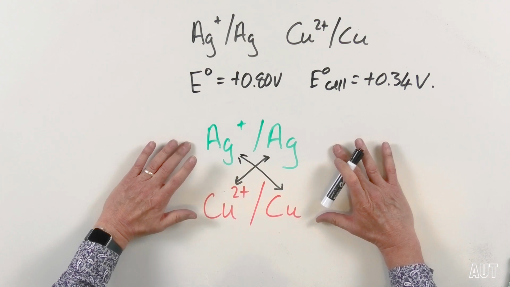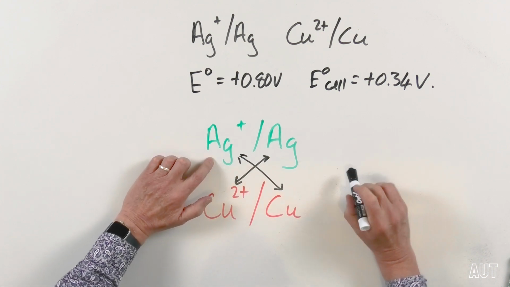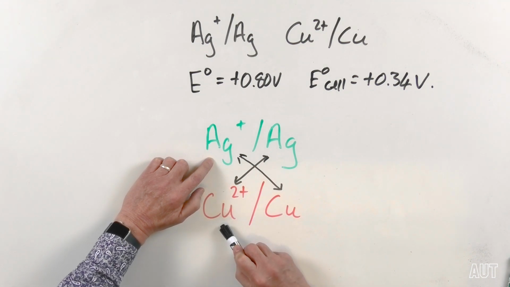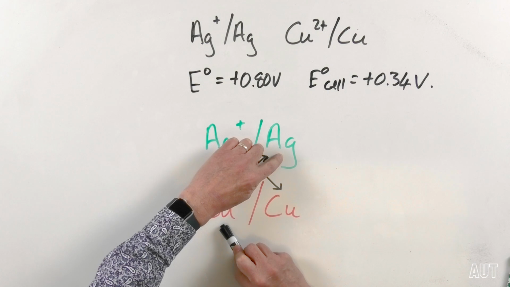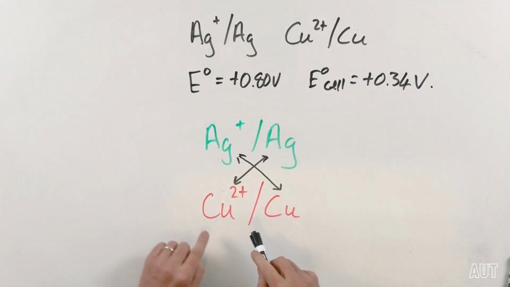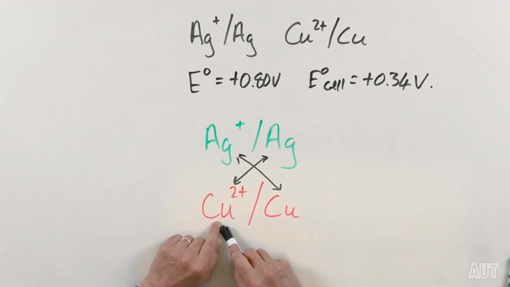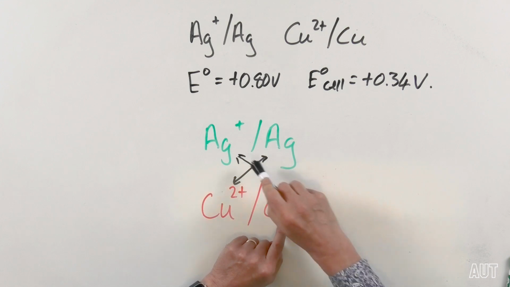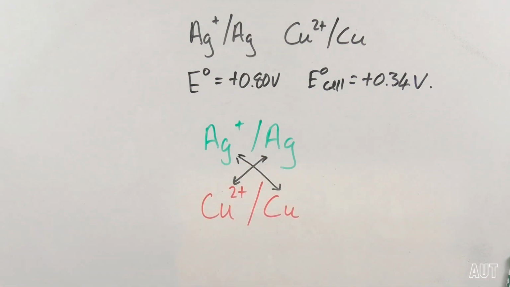Okay? So in other words, Ag plus will react with Cu to oxidize Cu to Cu2 plus and be reduced to Ag. That's one possibility. Or the other one is that Cu2 plus can oxidize Ag, Cu2 plus gets reduced to Cu, Ag gets oxidized to Ag plus. Right, so which one is it going to be?